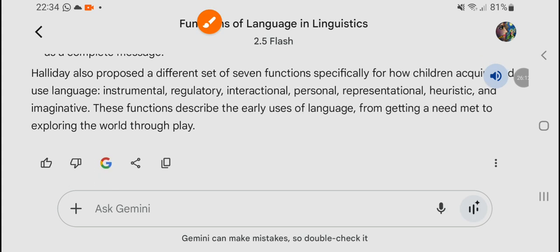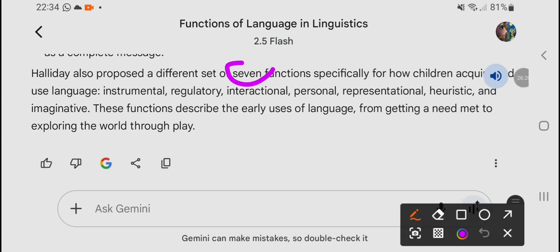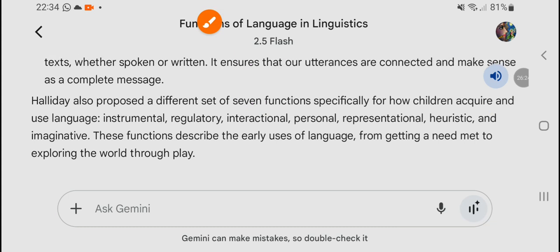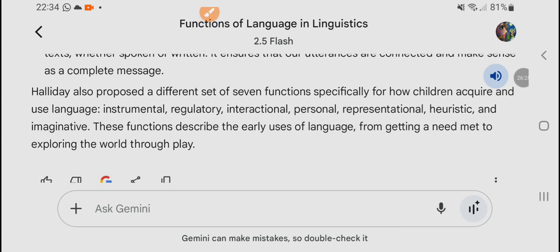Okay, now Halliday also proposed a different set of 7 functions, especially for how children acquire and use language. So what he says is, just imagine a child.